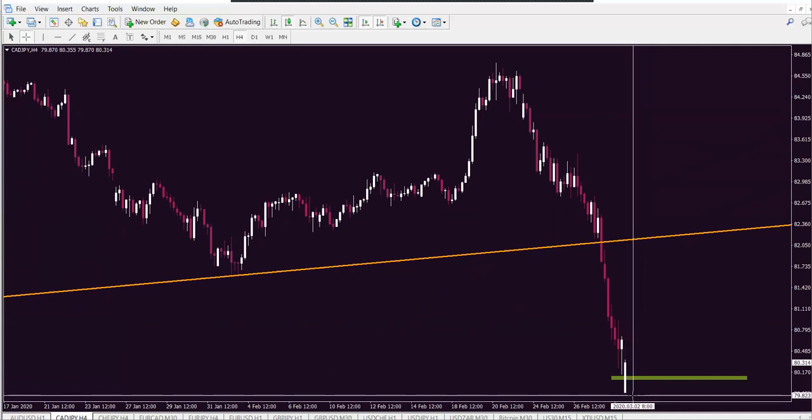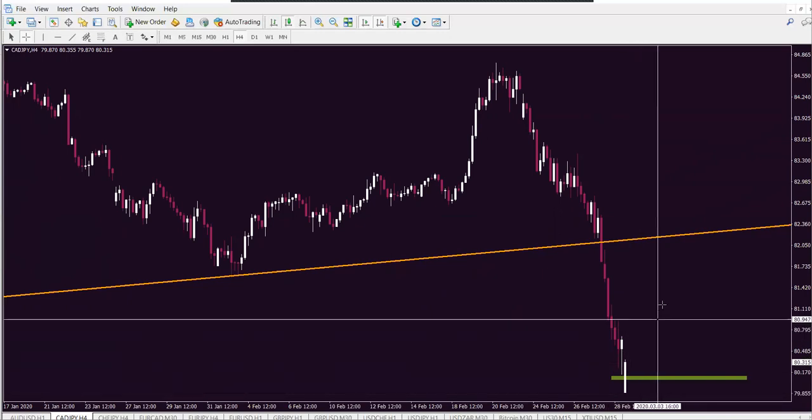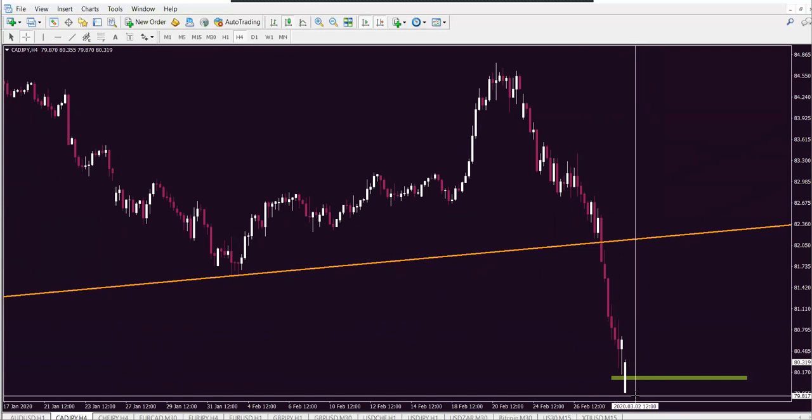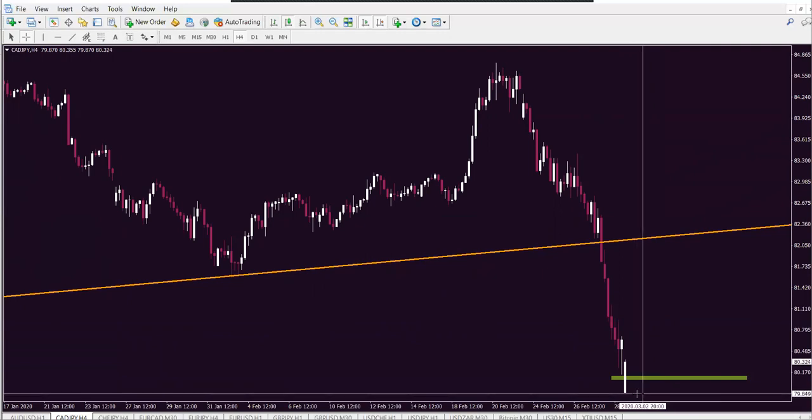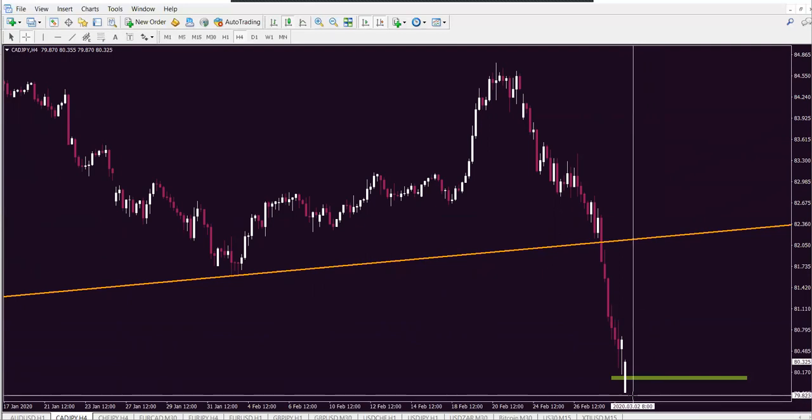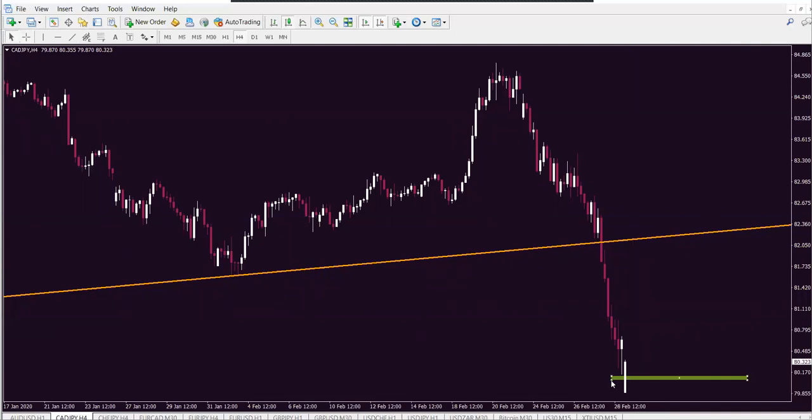All right, guys, because of the gap, I guess this will probably go up and then come down. So I would definitely be looking for a break of this low now. You can adjust this. So definitely looking for a break of this low now.